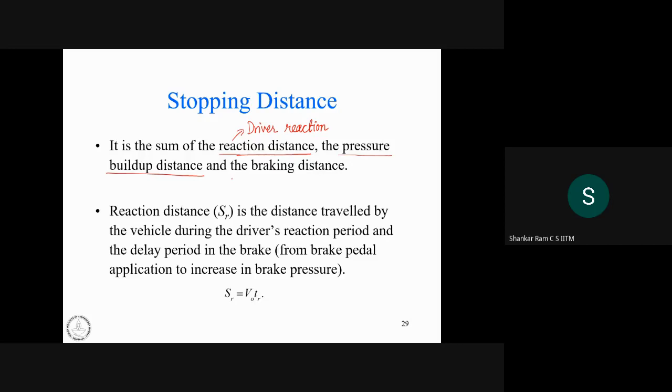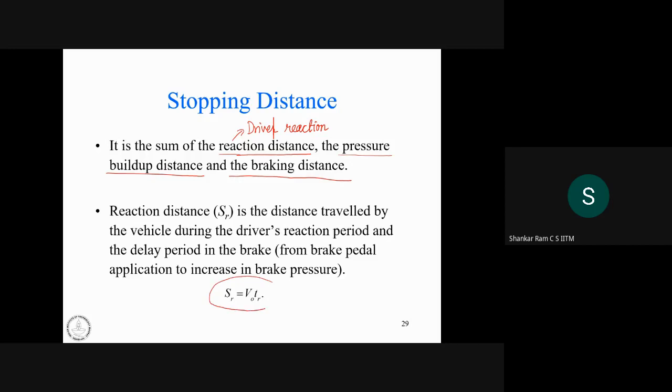Then once sufficient braking force is generated, the distance traveled by the vehicle is called the braking distance. So broadly, the total stopping distance of the vehicle during braking is the sum of these three distance measures. The first parameter that we need to look at is the reaction distance.